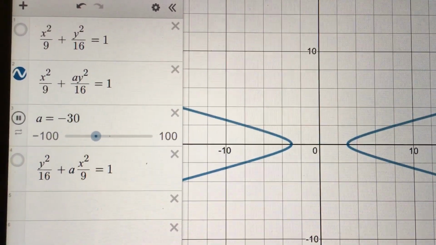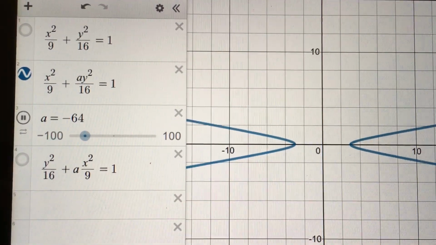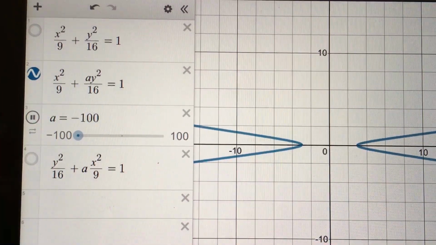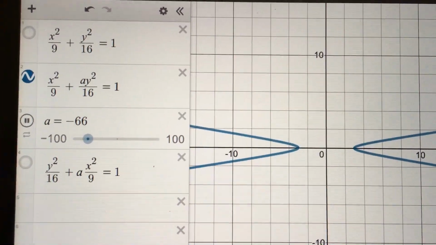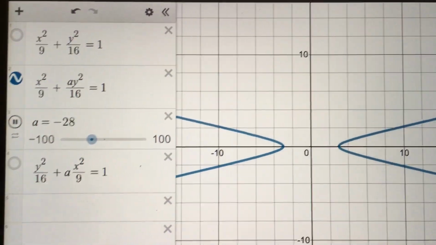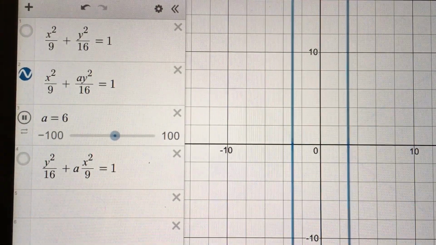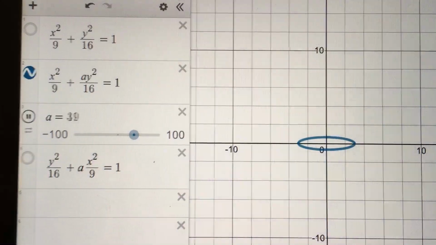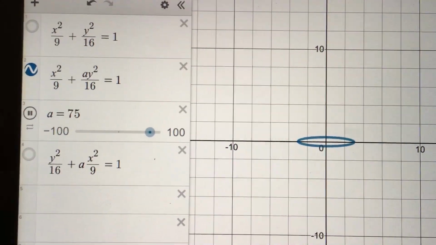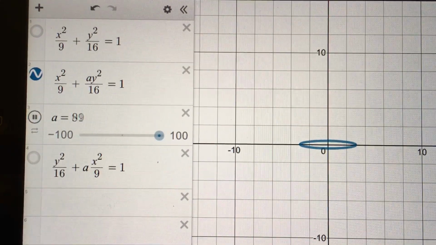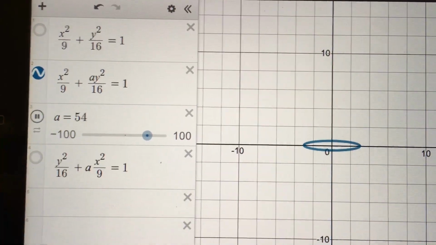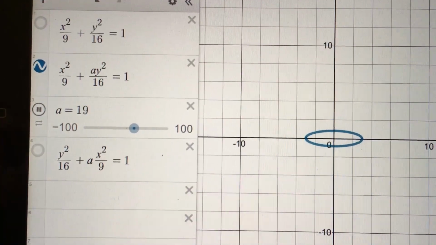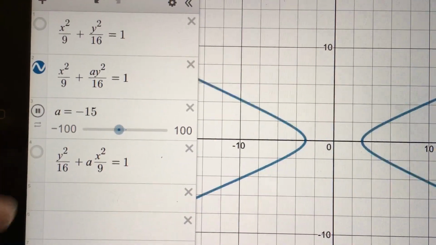And then boom, it changes to a hyperbola. The hyperbola changes shape, but notice it keeps that one common point. And then boom, it changes back. I'm going to do it one more time because I just think it's fun to look at.